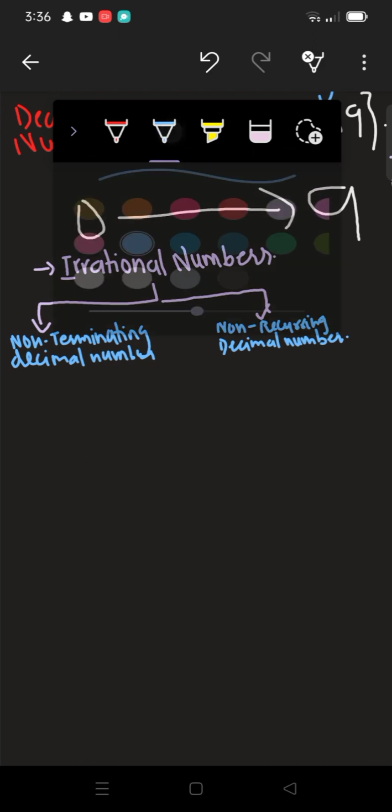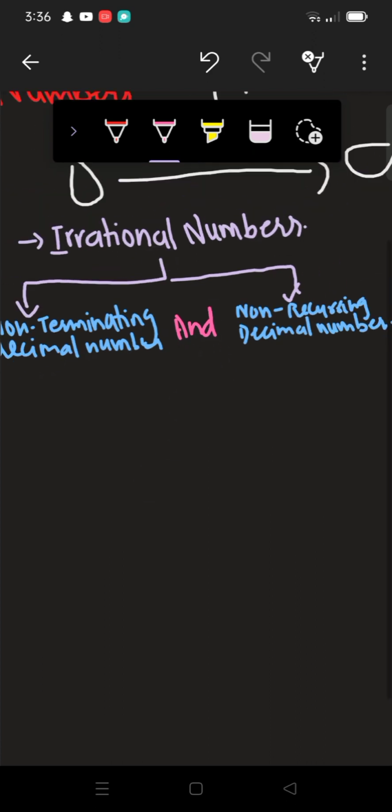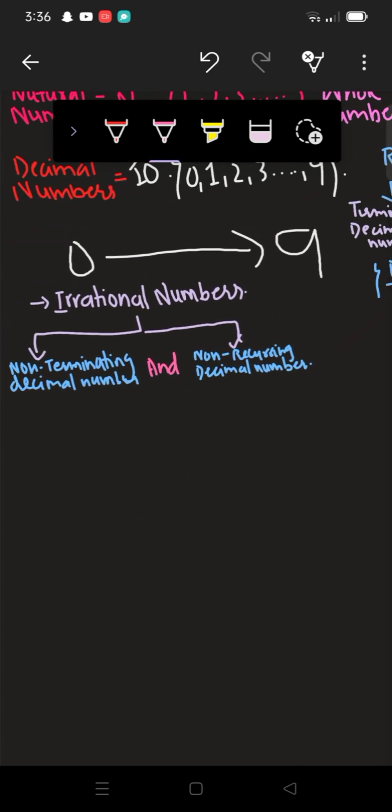So here we have an "and" between them. Alright. Your irrational number has to be non-terminating and non-recurring. If the value which is given to you is a non-terminating decimal number as well as a non-recurring decimal number, then that value is known as an irrational number.